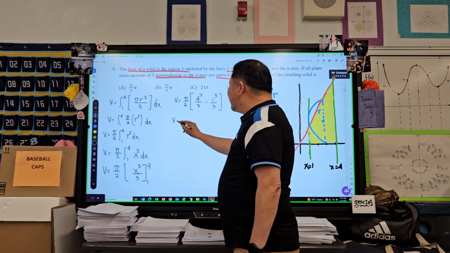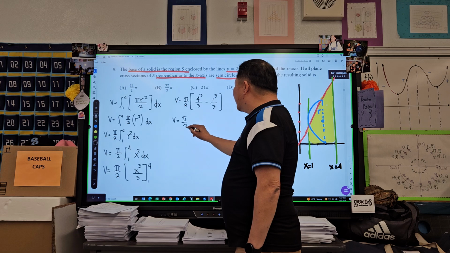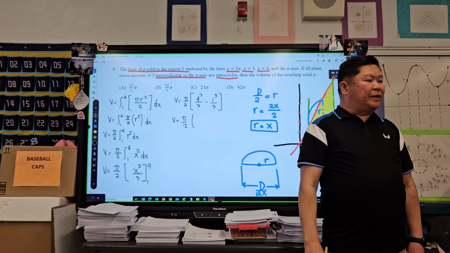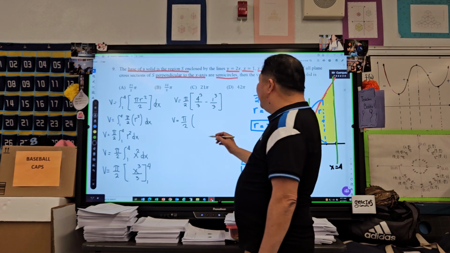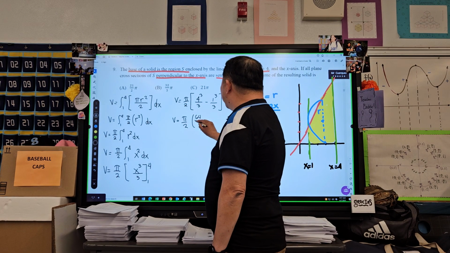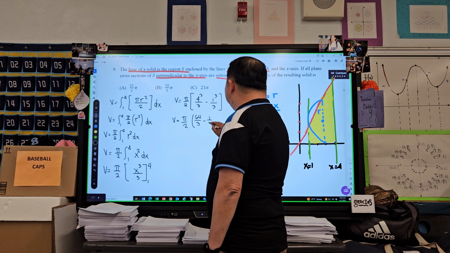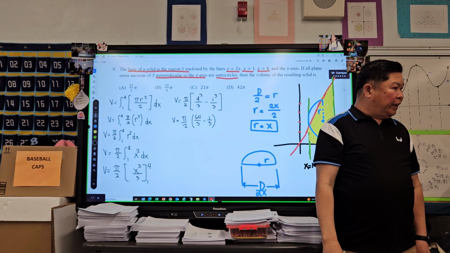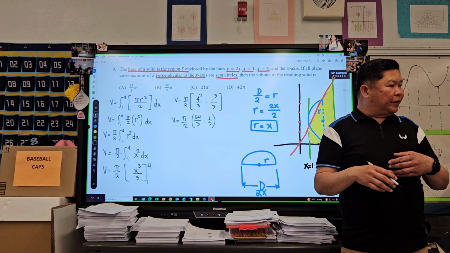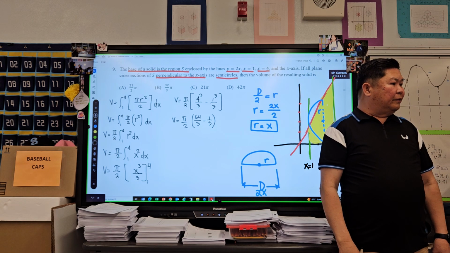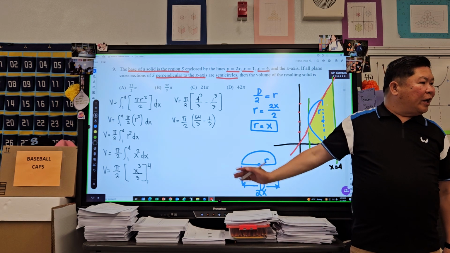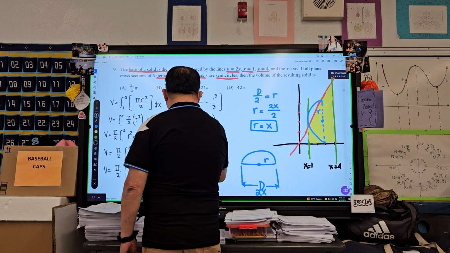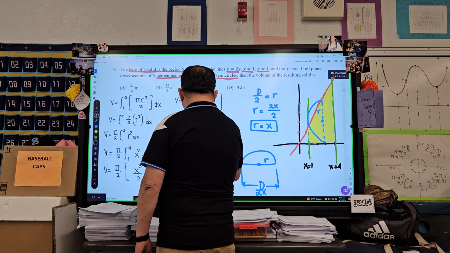So this means volume is equal to pi over 2, and what is 4 to the power of 3? 64? Okay, so 64 over 3 minus 1 over 3. So that means 63 over 3. You get me? Common denominator, 3. So subtract 64 by 1. So this is 63 over 3.